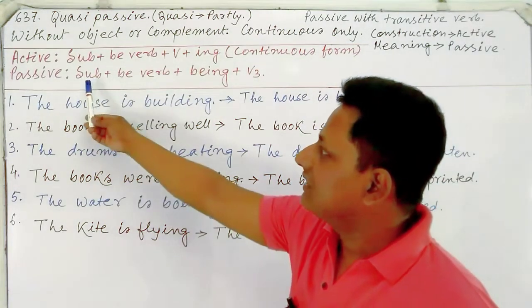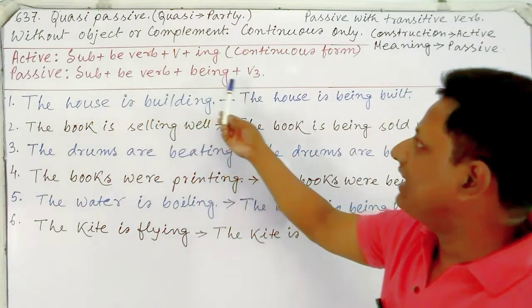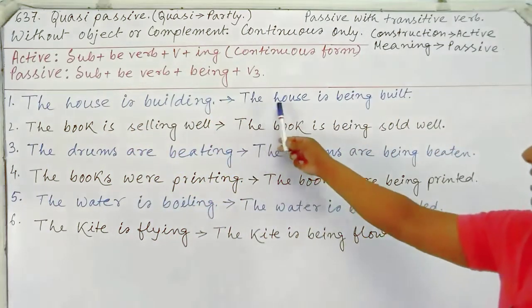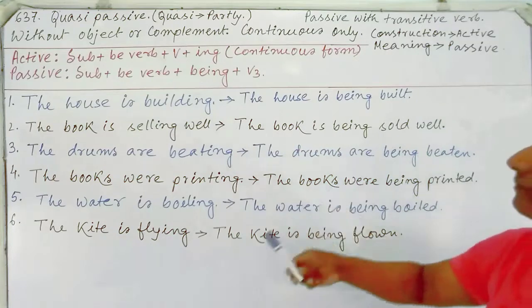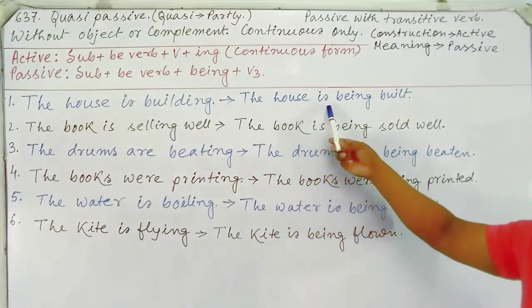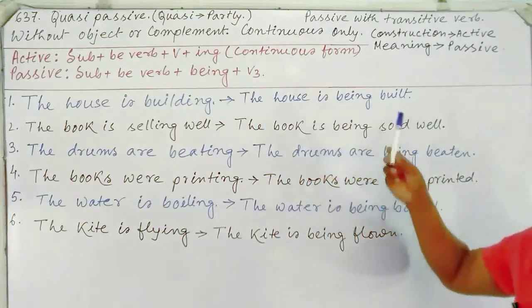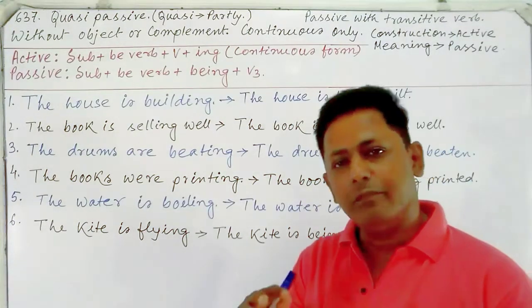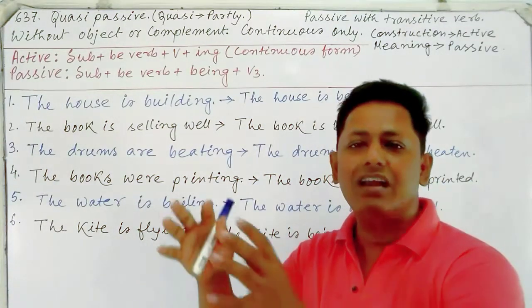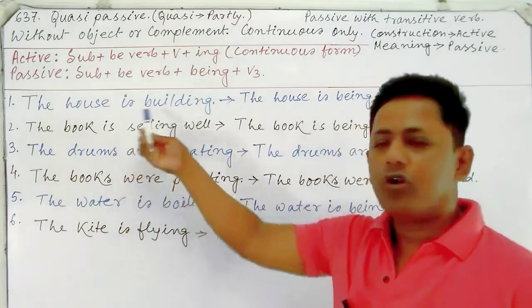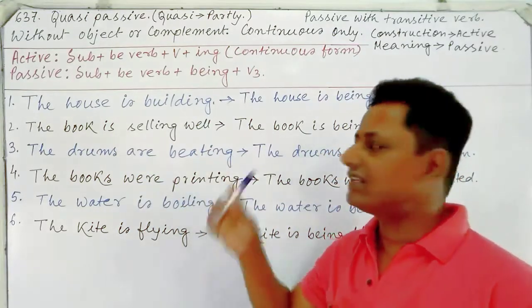Here the construction is subject, be verb, being and verb third. The house, then be verb, then being, then V3. The house is being built means the process of making the house is being done by some people. More or less, the meanings of the sentences are the same.